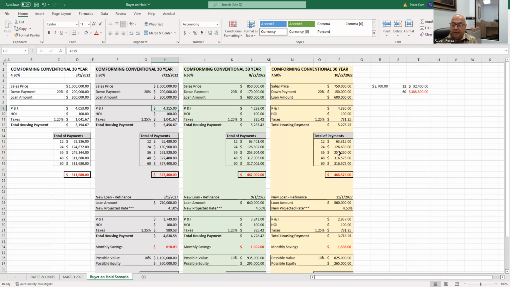Or if you have a buyer that's on hold, give them some information that will help them turn that corner and say, okay, let's actively look and move forward. This is just a tool for you agents to understand and get that one piece of the market, which is those buyers that are on hold, because there's a lot of them on hold right now, waiting to see what's going to happen.